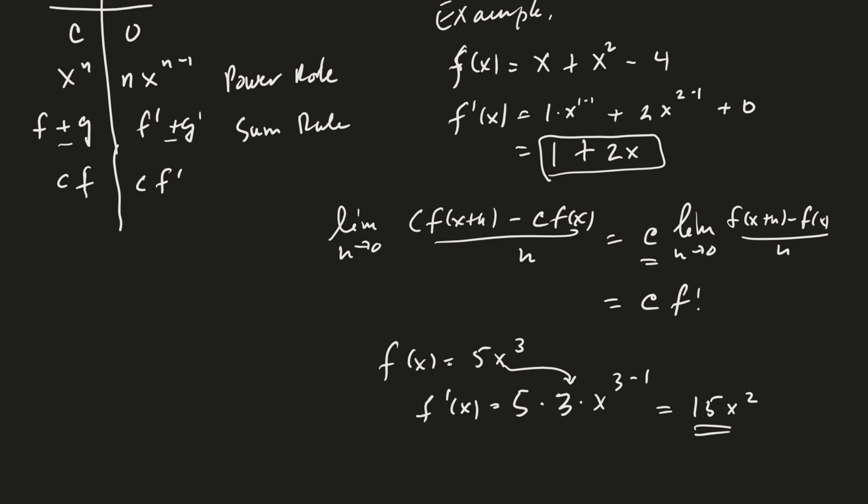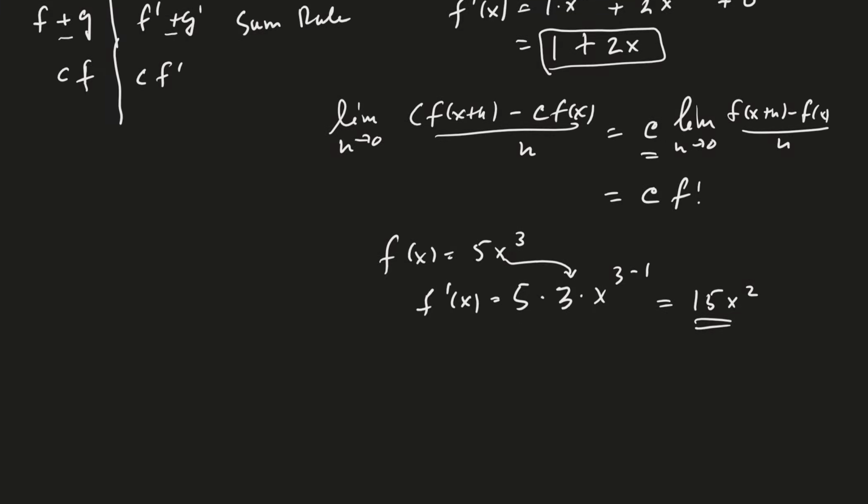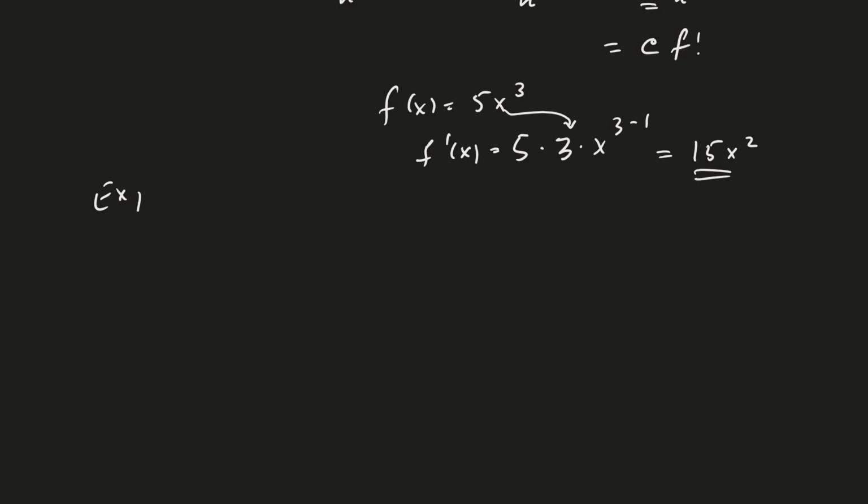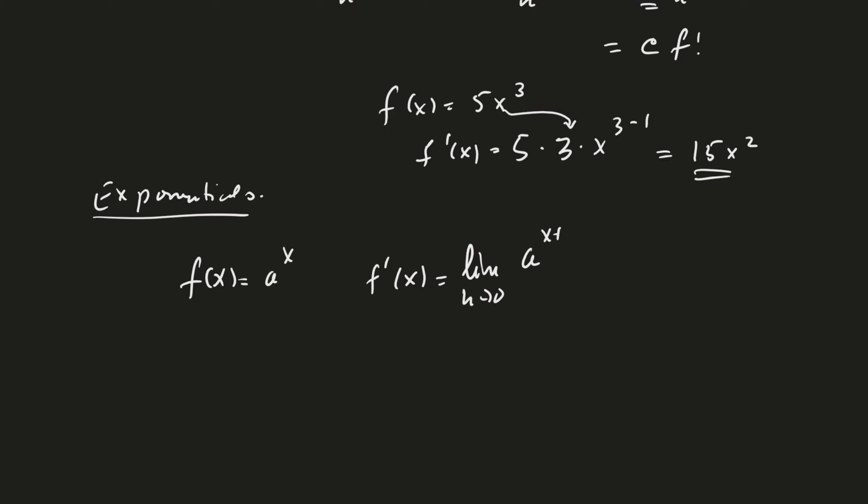Good. All right. And one other formula that they have in section 3.1 is the exponentials. We won't spend a lot of time on the exponentials, but we could say that if my f of x is equal to a to the x power, we saw in the exercises that f prime of x is equal to the limit as h goes to 0 of a to the x plus h minus a to the x over h.